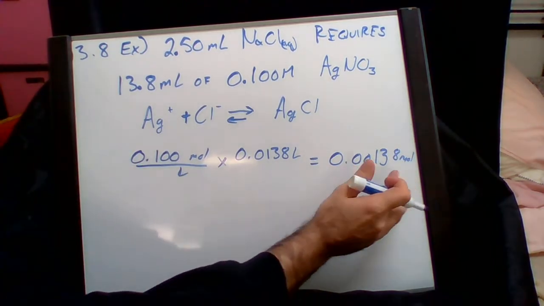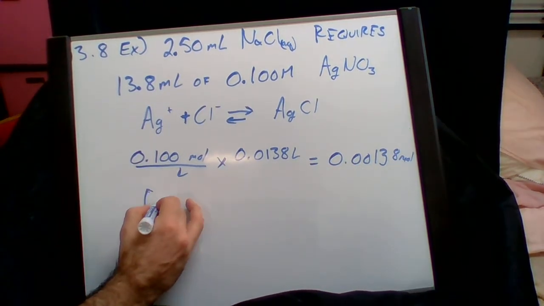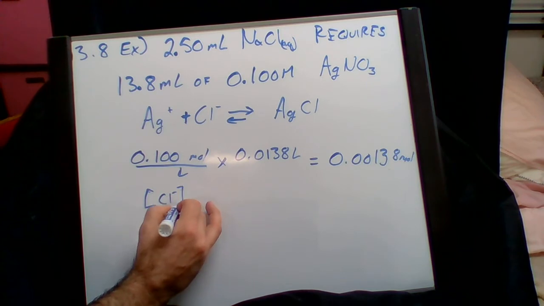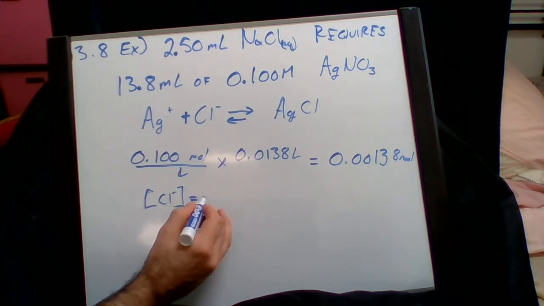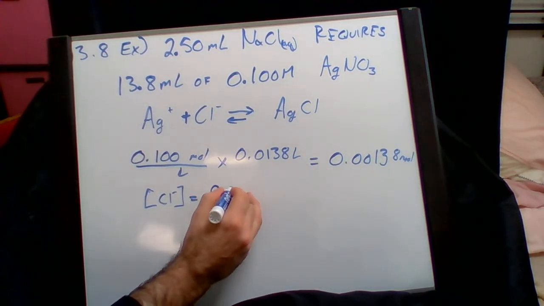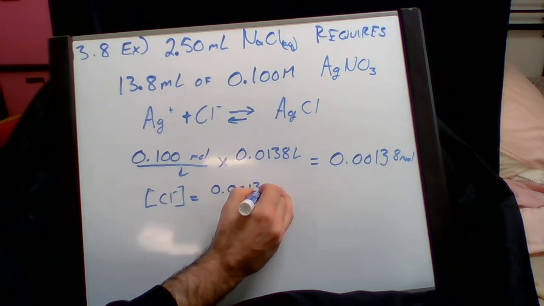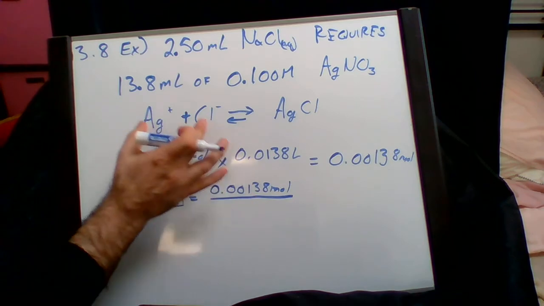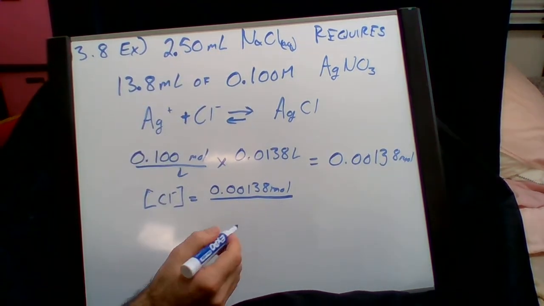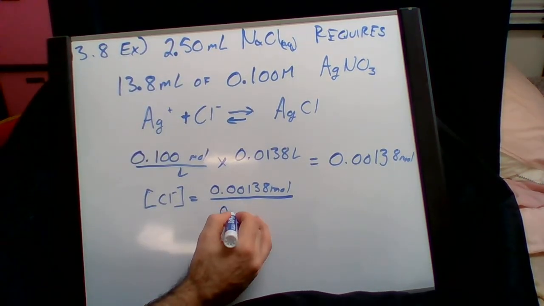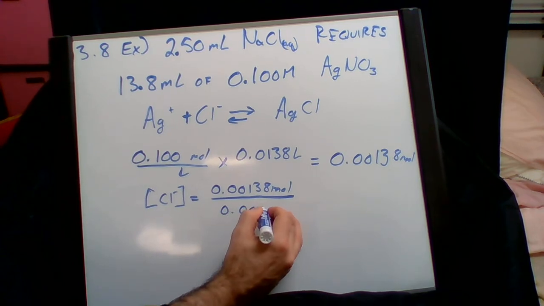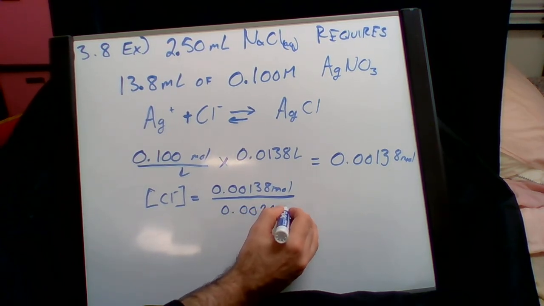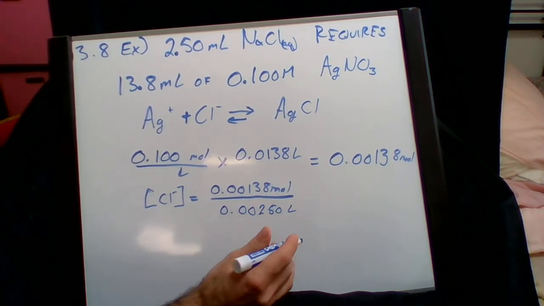So we can then take our concentration of chlorine is going to equal that 0.00138 moles divided by the 2.5 milliliters, or our 0.00250 liters.